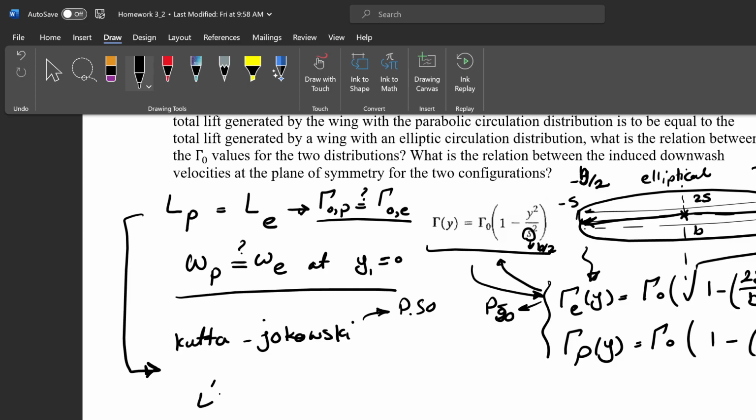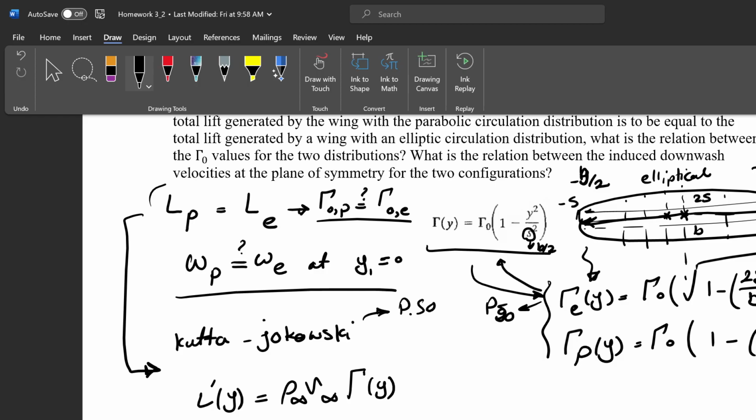We said the lift per unit span, which is a function of y. The idea is lift per unit span here is different from here, different from here, different from here, because of the downwash. It is a function of your free stream density, free stream velocity, v infinity, and gamma of y.